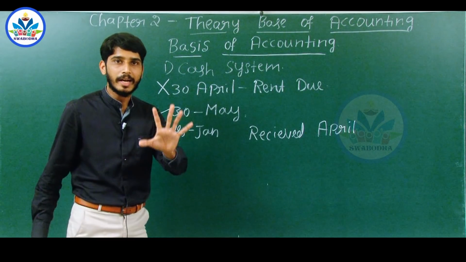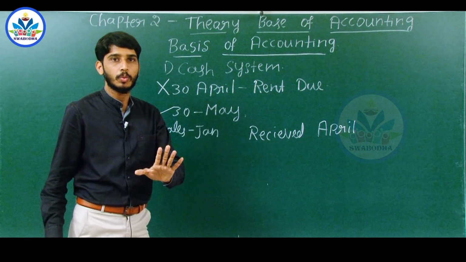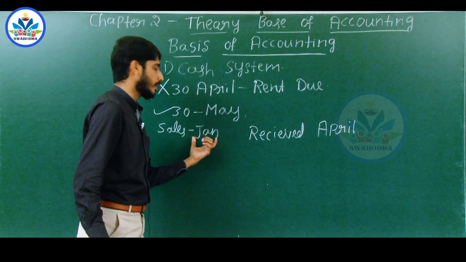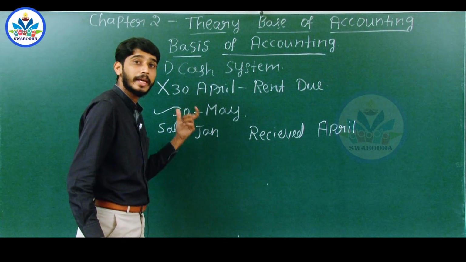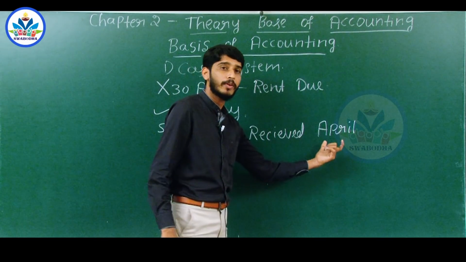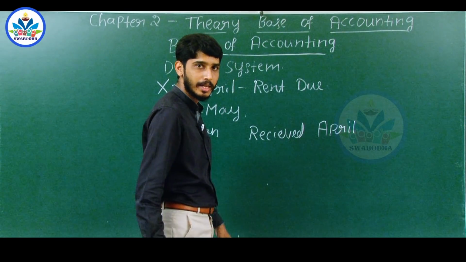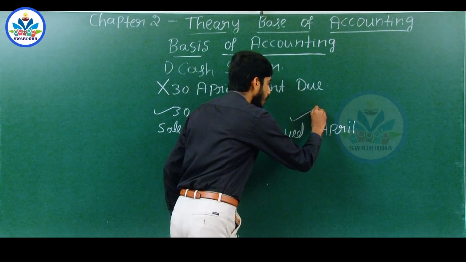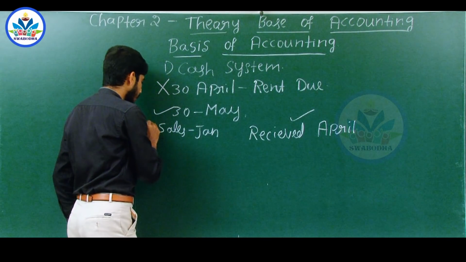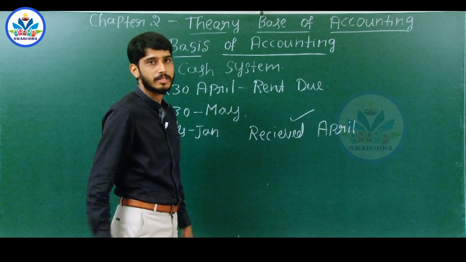You have the legal right to receive the amount as per the accrual concept as of January, the day of sales, but the actual cash was received in the month of April. Therefore, in the books of accounts you will record the same transaction in the month of April because you received the actual cash, and you will not record it in January as per this particular system.